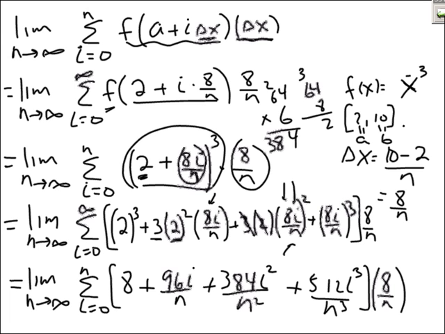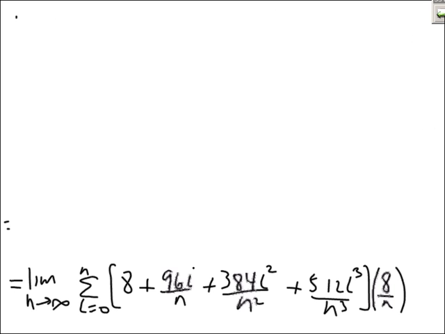And all of this gets multiplied by 8 over n. Okay. Get rid of everything but the last line, and we're going to multiply everything inside the big brackets by 8 over n. So this is equal to the limit as n goes to infinity, and just like the 4 before, I'm going to factor out the 8 and go in front of the summation, the constant. 8 times the summation as i goes from 0 to infinity.